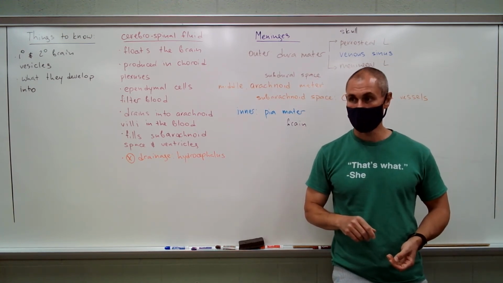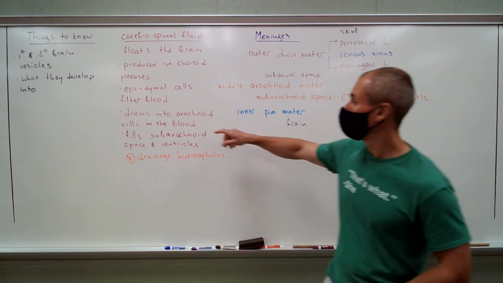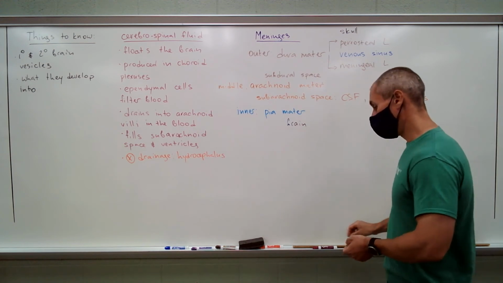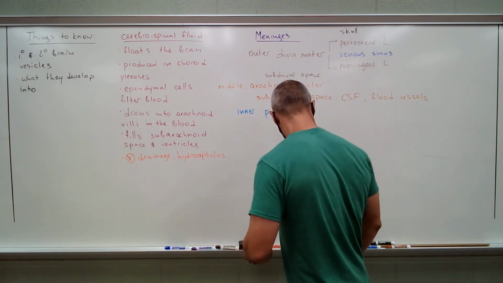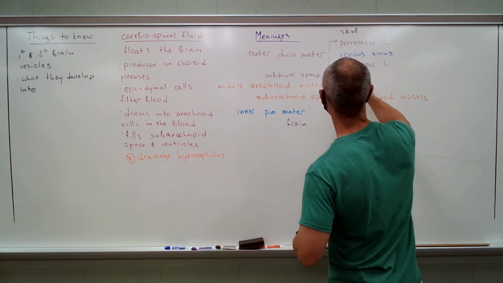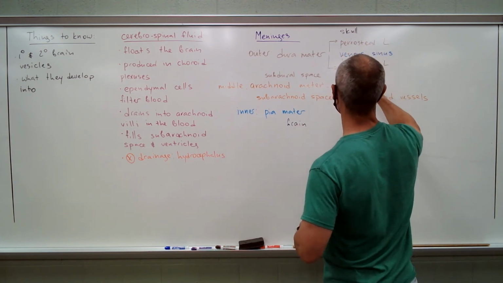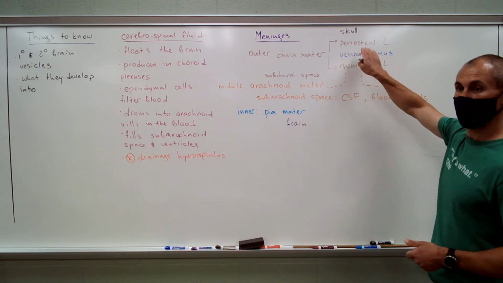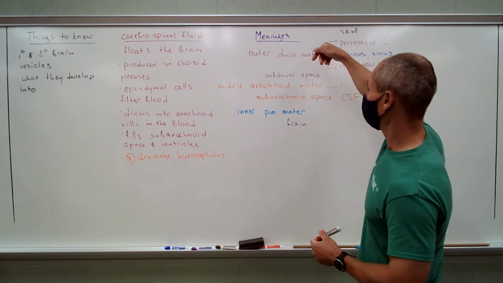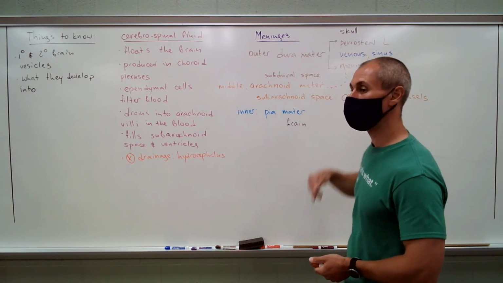Does that make sense? Now, see these arachnoid villi? Essentially, they are little drainage structures that get into the venous sinus and drain CSF into the blood here. So you go through the arachnoid mater and hit the subarachnoid space.